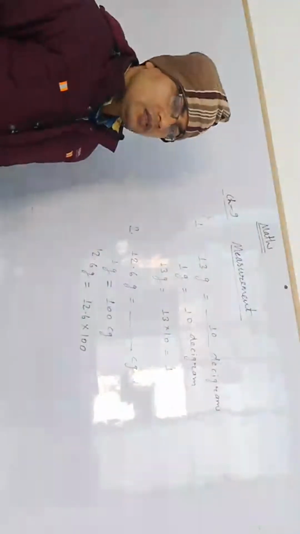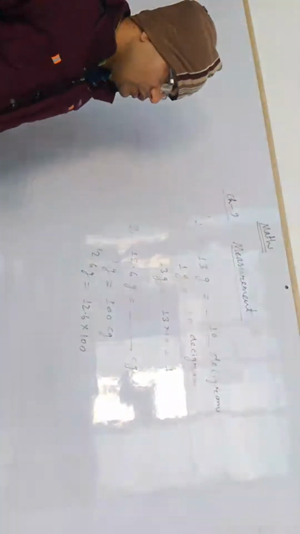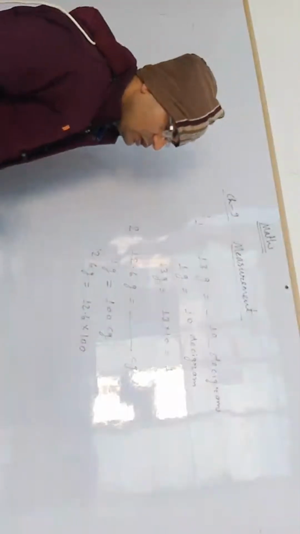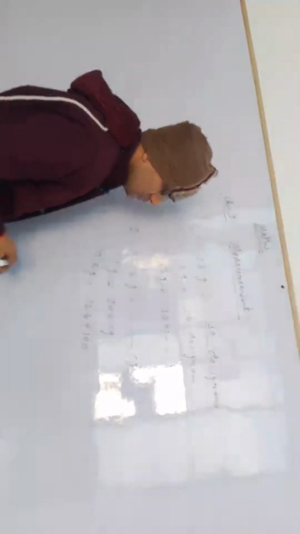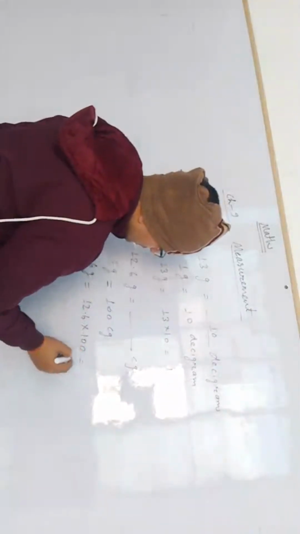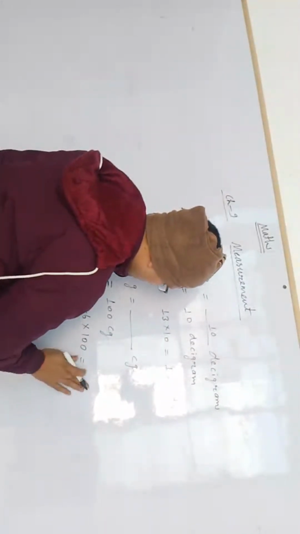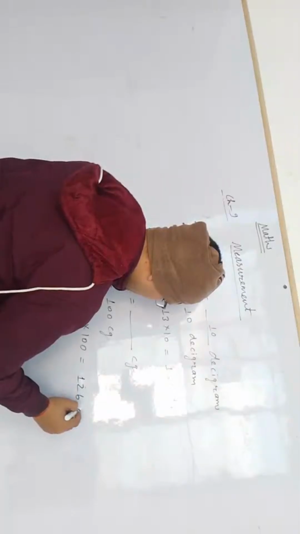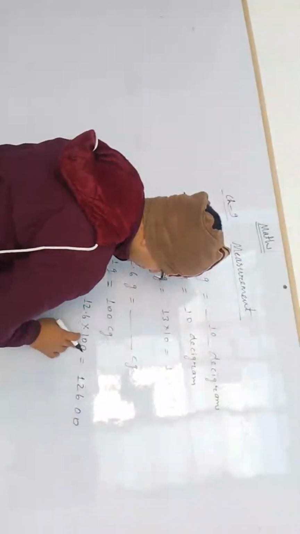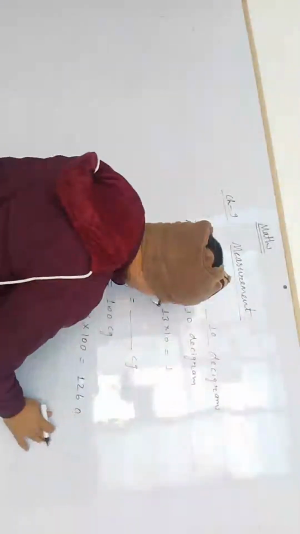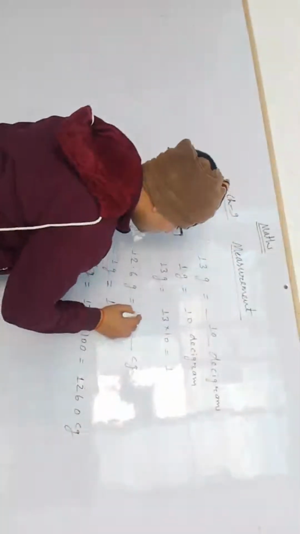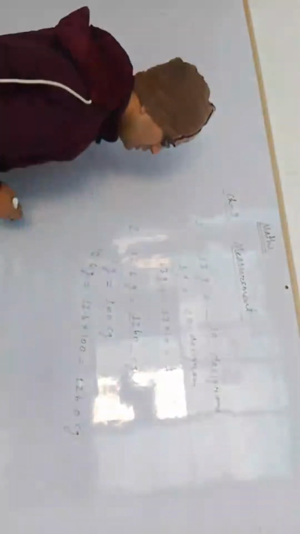And we know that when we multiply a decimal number by 100, then the decimal moves right side. Then it would be 1260 centigram. Okay.